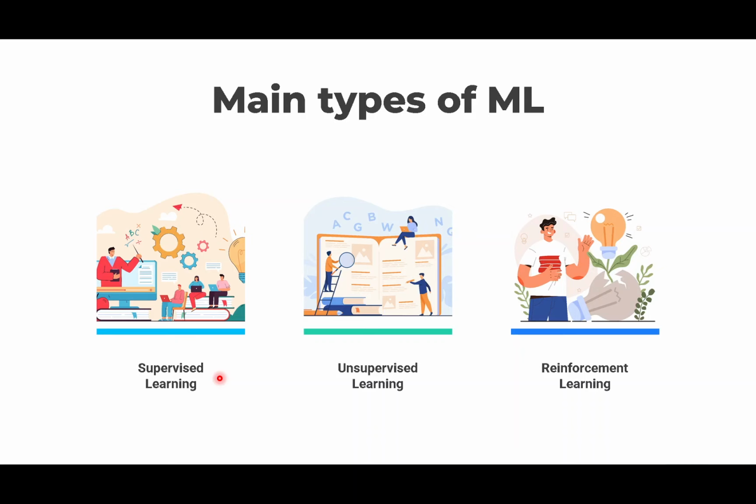On the unsupervised learning side, the easiest way to explain this is, think of a child and we give the child different colors and different shapes of toys. So there will be cars, vans, and teddy bears and different things.